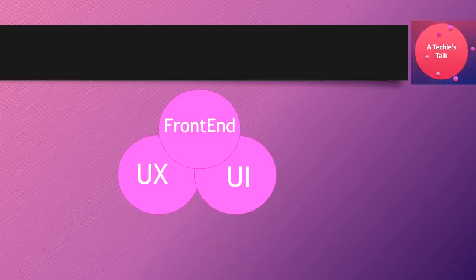So the first process is UX, then UI, then front end. Seeing this, everyone may be puzzled that all three are the same or similar, right? But they are not. UX is different, UI is different and front end is totally different.